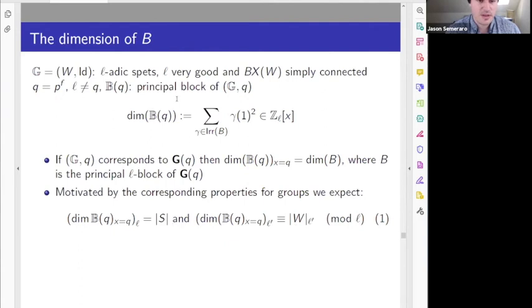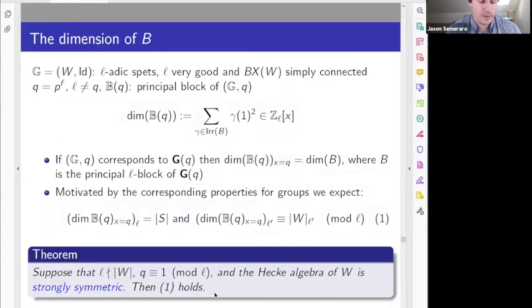But in the special situation where we're a group of Lie type, the L-prime part of this dimension should be congruent to the L-prime part of the corresponding Weyl group, modulo L. So these are 2 properties which we know for groups, and one might expect them to be true in this more general context.